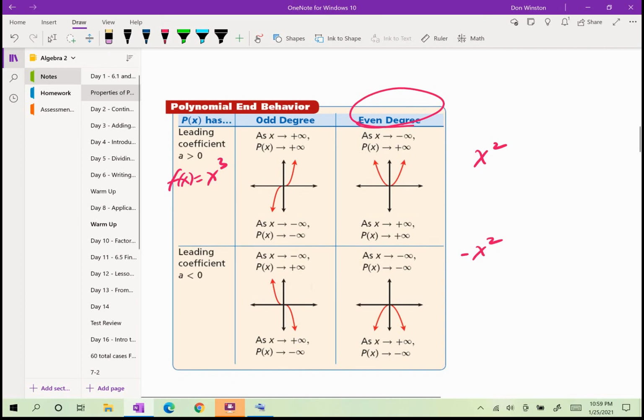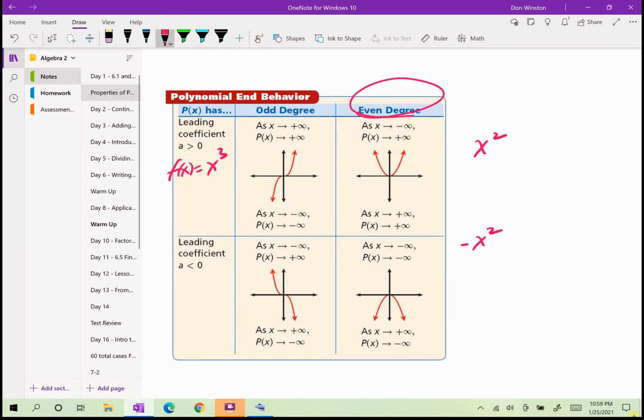If the leading coefficient is negative, for odd degree, like f of x equals negative x cubed, as x goes to positive infinity, y goes to negative infinity. The y values are getting smaller and smaller. As x goes to negative infinity, the y values go to positive infinity.